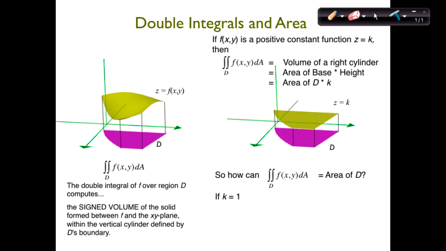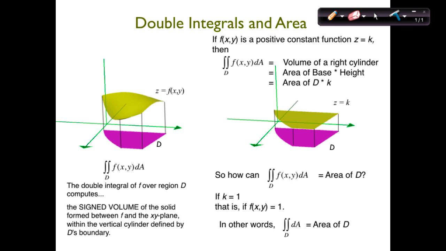Well, it was flat this whole time. We're saying constant k, but more than that. z equals 1. Yeah, so the function then is the constant function 1, or the function f of xy equals 1. So then what does the double integral become? If f of xy is 1, then just the integral of 1 times dA.